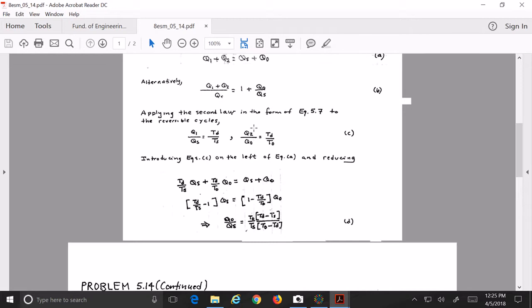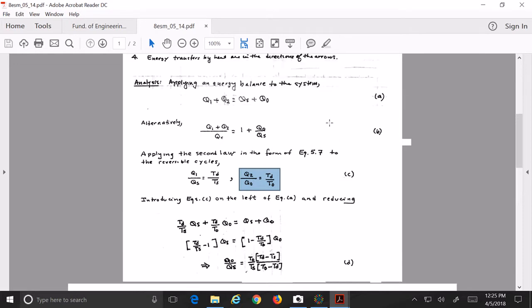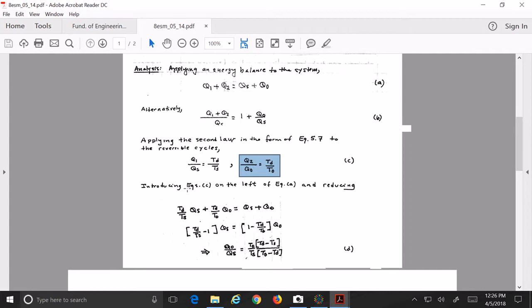So here we already get something different. We get T0 over TD, no? Instead of TD over T0. So what I understand is this: by introducing equation C on the left side of equation A, so this is A, okay.